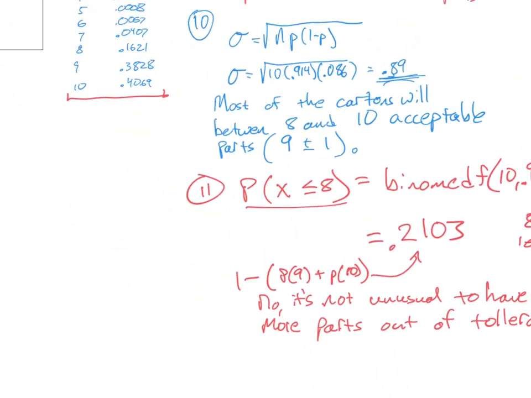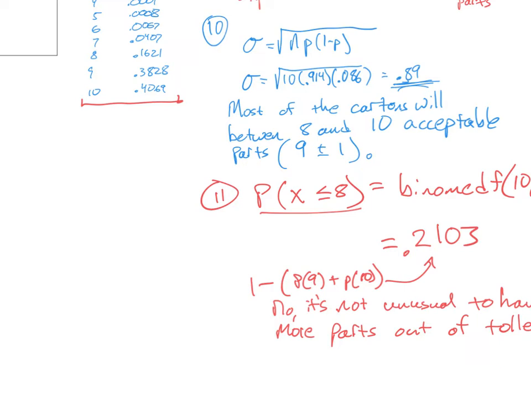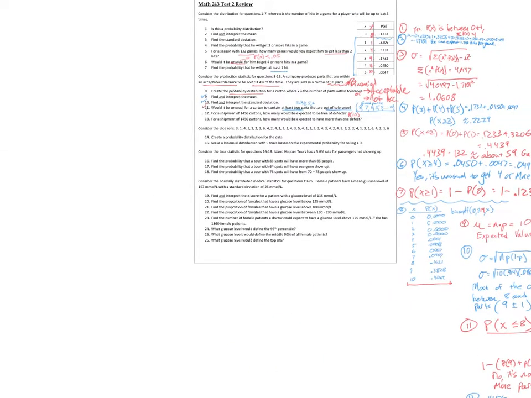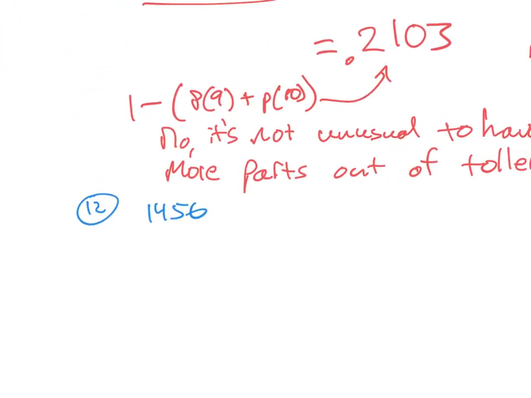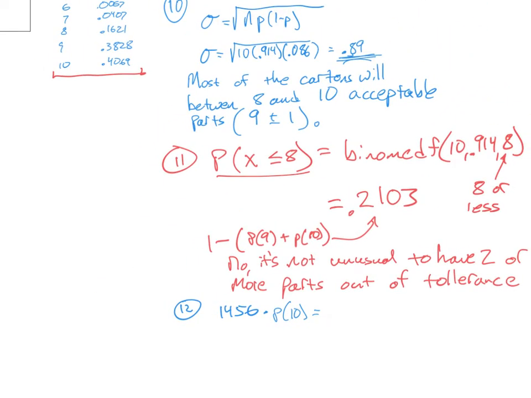So we have 1456 times the probability of having 10 good parts. Free of defects means 10 good parts.